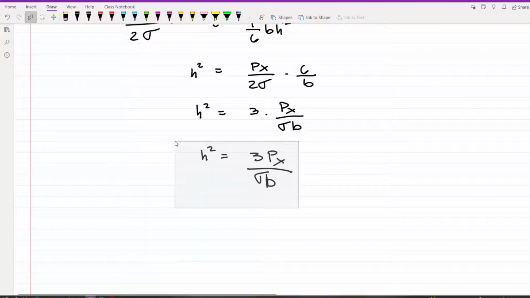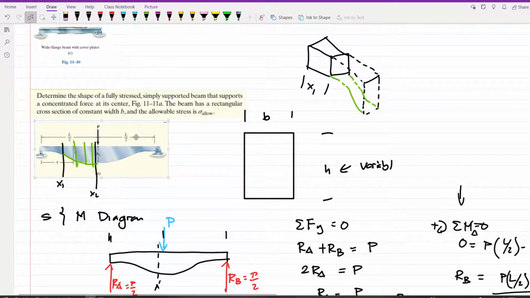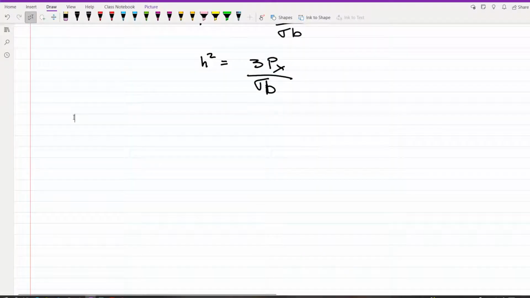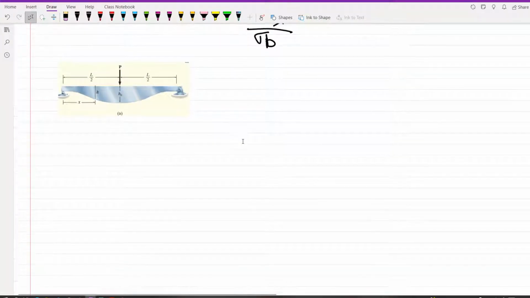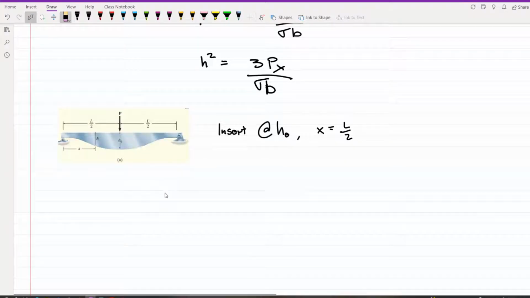Ngayon, may formula na tayong ganito. Kung titingnan natin yung drawing na given, may given tayo na HO at x is L over 2. So, pag try nating insert at HO, x is equal to L over, mali, baliktad. At x is equal to L over 2.